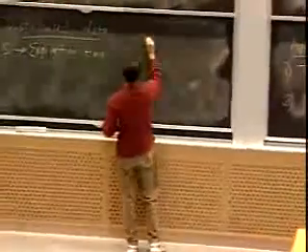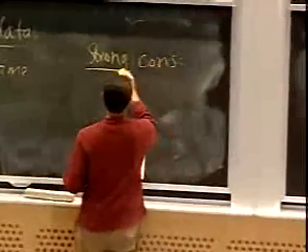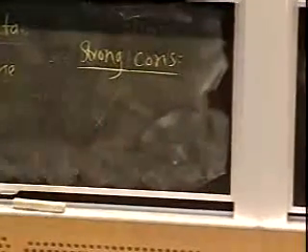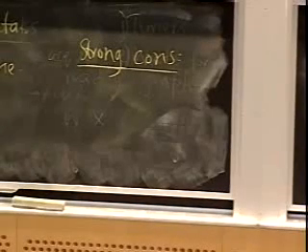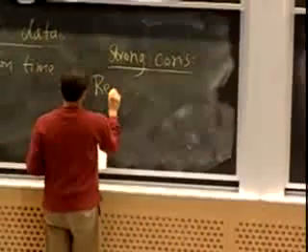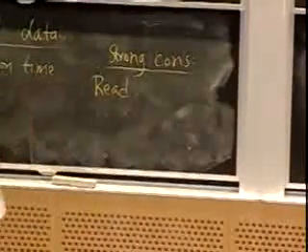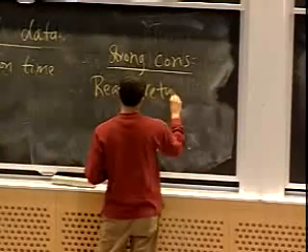So what is strong consistency? One way to define the semantics of what it means for data to be consistent in a distributed system is a natural definition, which is that anytime you do a read, anywhere, any node does a read of some data, the read returns the result of the last write.